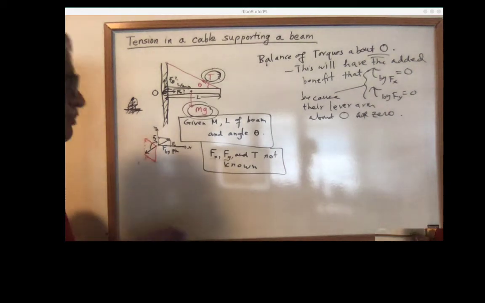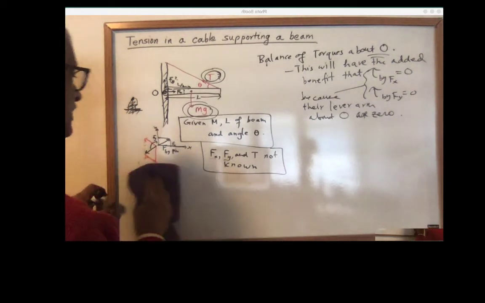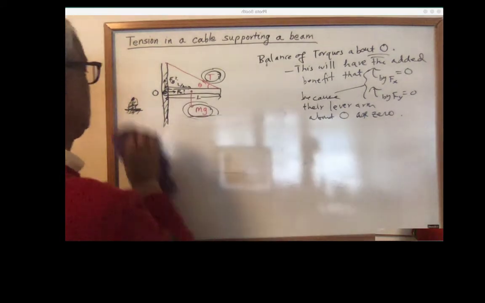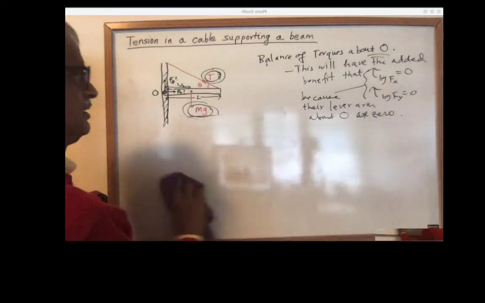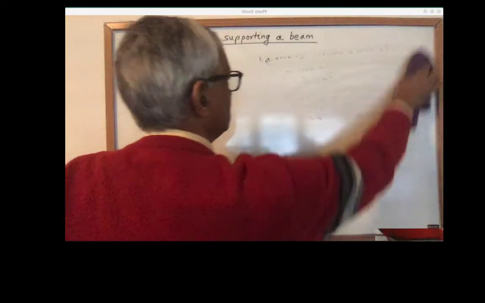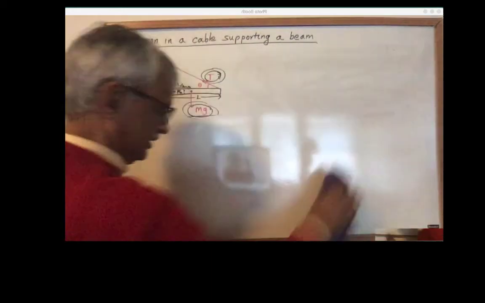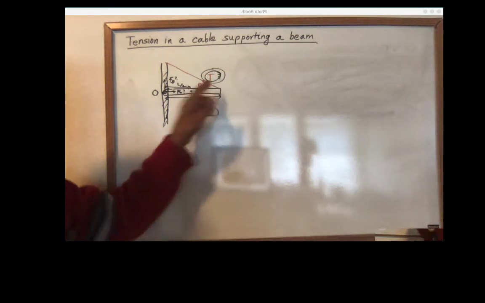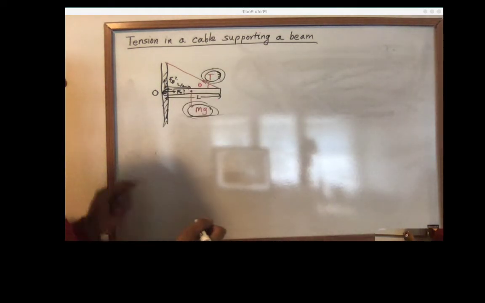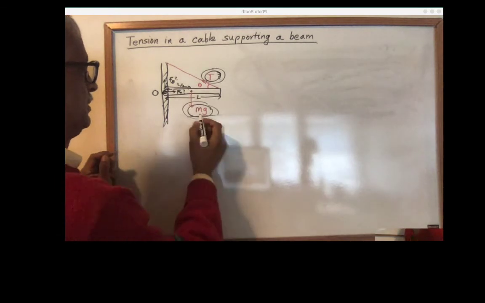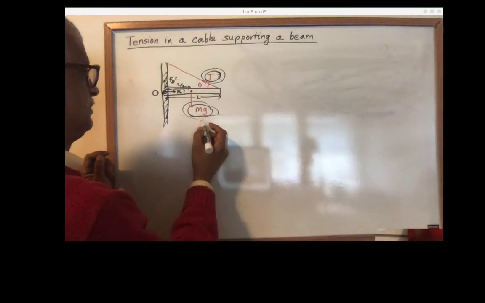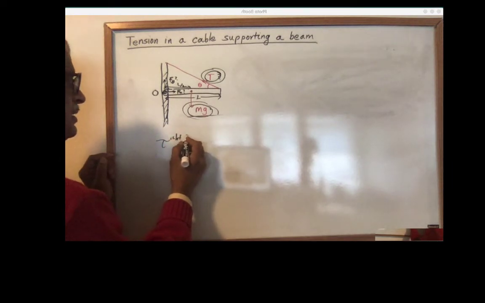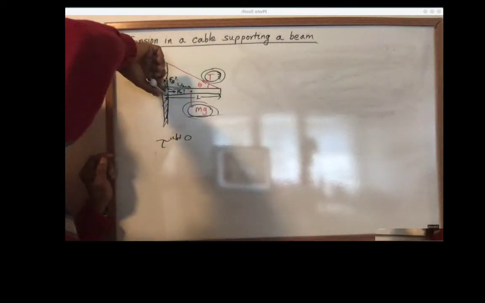Let me erase and make sure we can understand how the torque calculation will go, right? So this is all set up. Now we can actually find the equation that will help us solve for the tension. Let's talk about the torque by mg. So the torque about O of mg, where the axis is coming out.